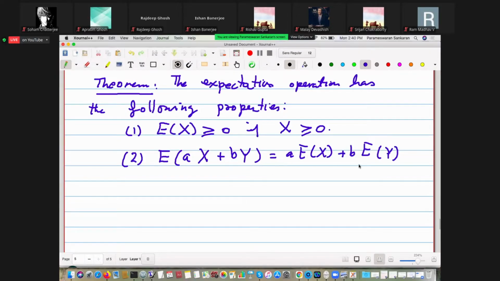I have written it rather briefly without making full sentences. And then number 3, E of 1, where 1 is the function 1 of omega, which is equal to 1.